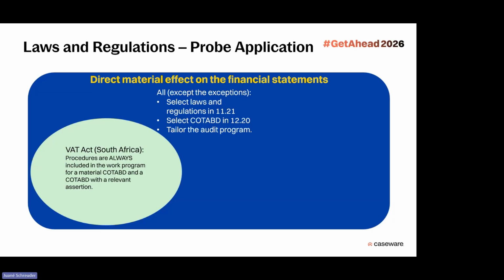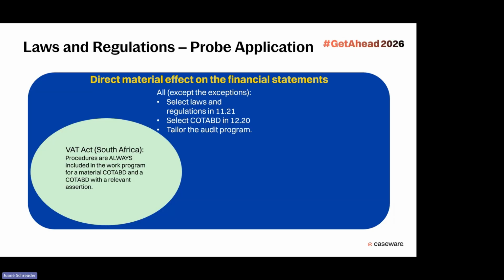So let's say like revenue or things like that with material balances, as well as for those classes of transactions, account balances and disclosures that have relevant assertions. So Scottabodies if you want.